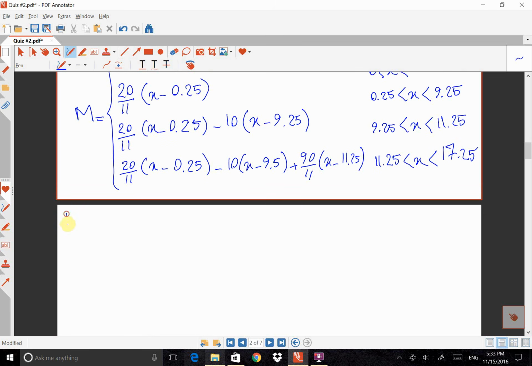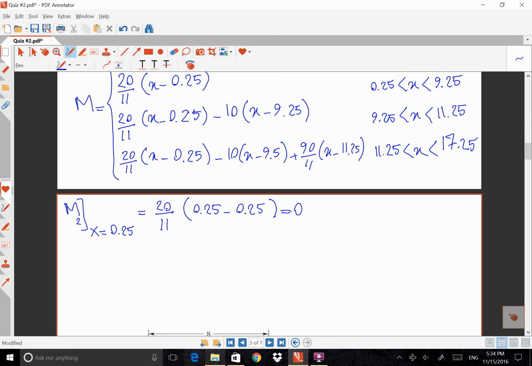I'm going to apply the first point of the region to the second line of the equation. So moment, when x is equal to 25, I'm going to say this is M2, because that's the second line. That equals 20 over 11 times (25 minus 25), so that will be 0. That's my first point. For the second point, I'm going to apply x equal to 9.25.